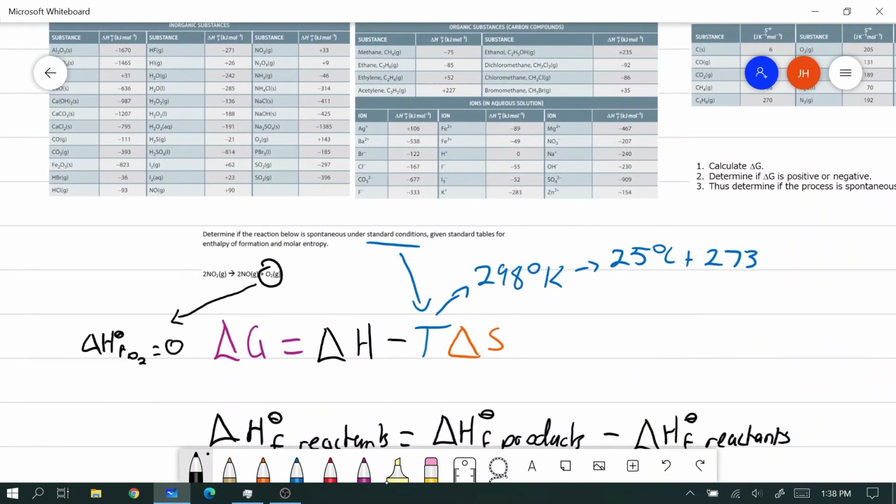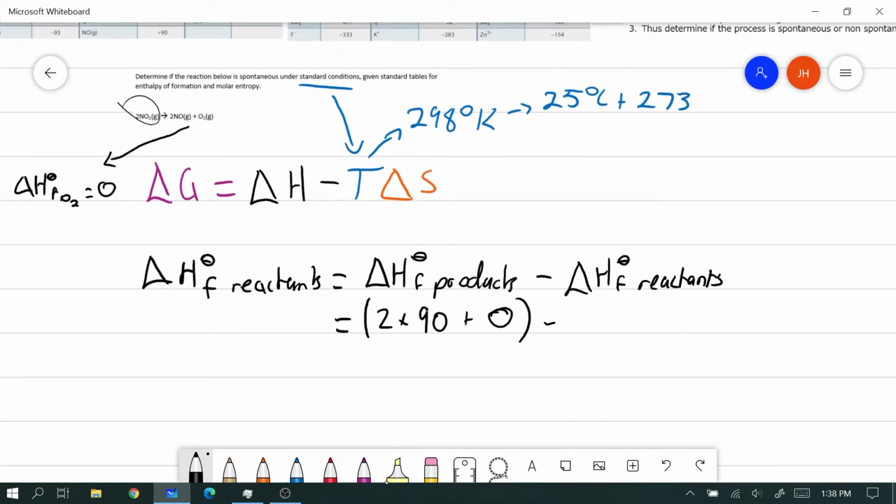When we look at the enthalpy of reactants, though, we need to look at the 2 moles of NO2 that we've got, and we can find that on the top here. A mole of NO2 has an enthalpy of formation of 33 kilojoules per mole. Because we have 2 moles in our equation, we multiply that by 2.